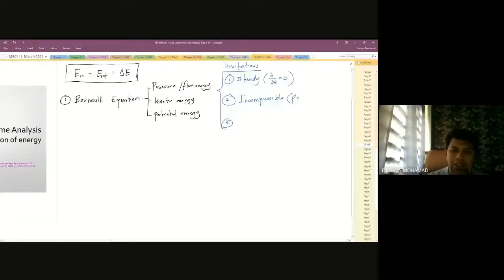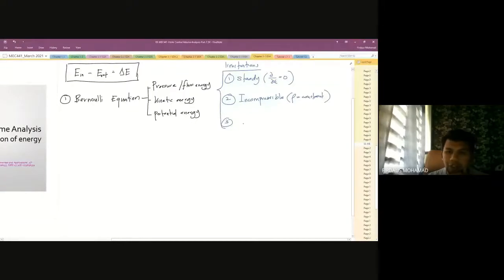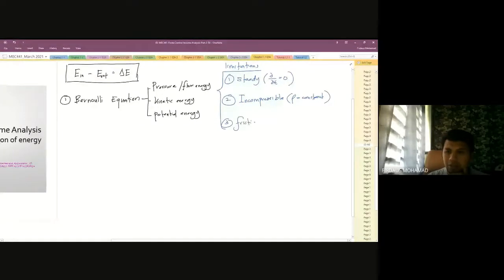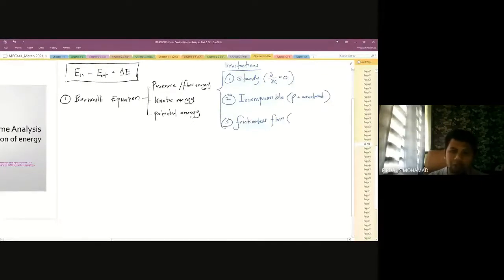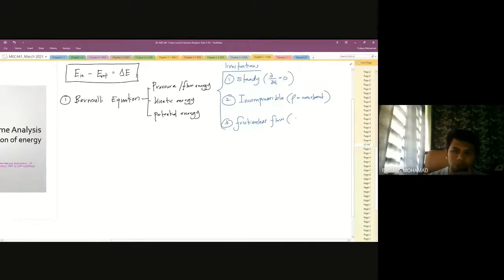Okay, and then number three, the limitation is that it is for frictionless flow. Okay, so what does this mean? Frictionless: the viscosity, or the friction between the fluid and the body, is equal to 0. So that means mu equals 0.